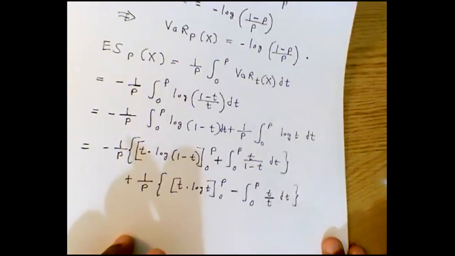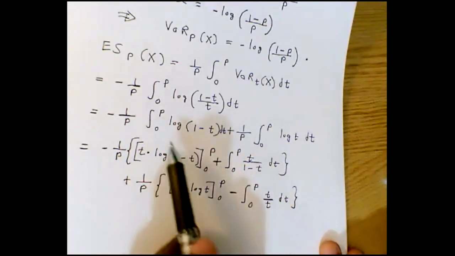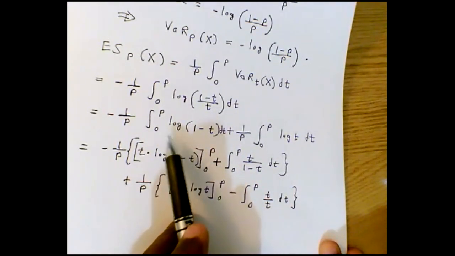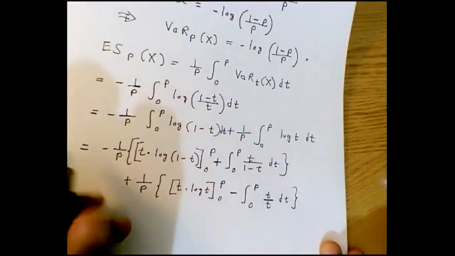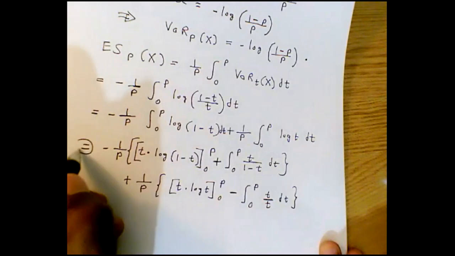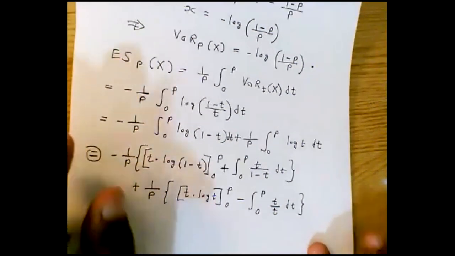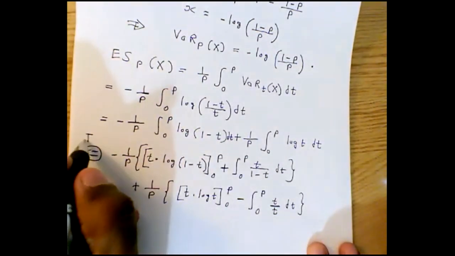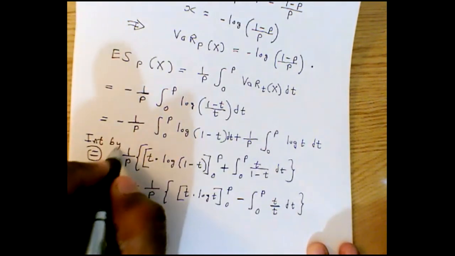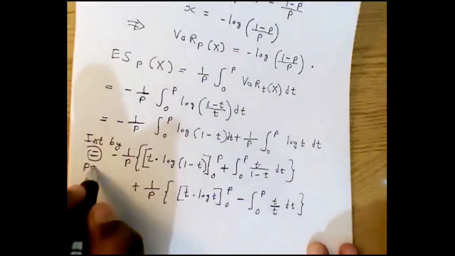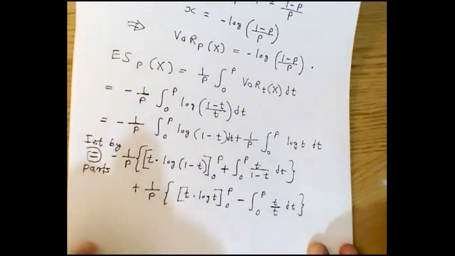So once again, if I made any error, let me know, please. So I have applied integration by parts 2 times, one for this integration and one for this integration. So this is by integration by parts, right?